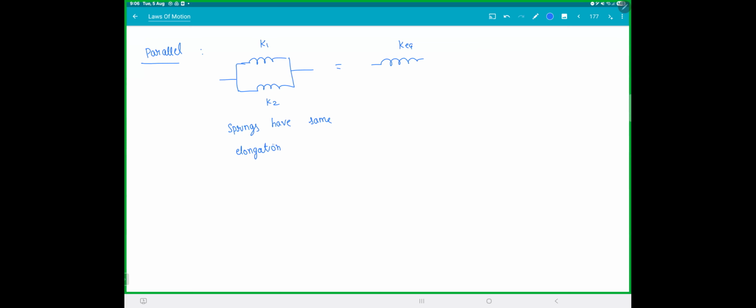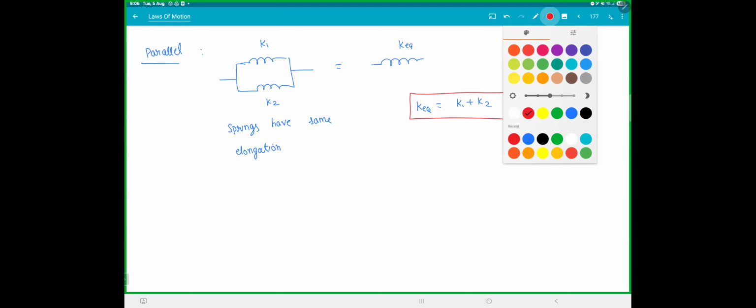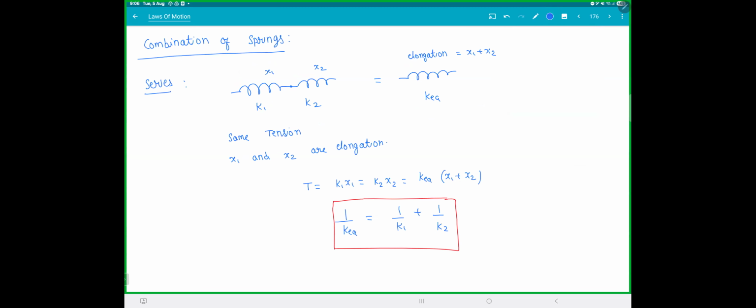In resistors, if you remember, series means same current, parallel meaning same potential difference. So K equivalent becomes K1 plus K2. There, the formulas are completely reverse of resistances. Clear this? So do remember the results, quite useful, comes a lot. We're going to encounter this thing in this chapter also.